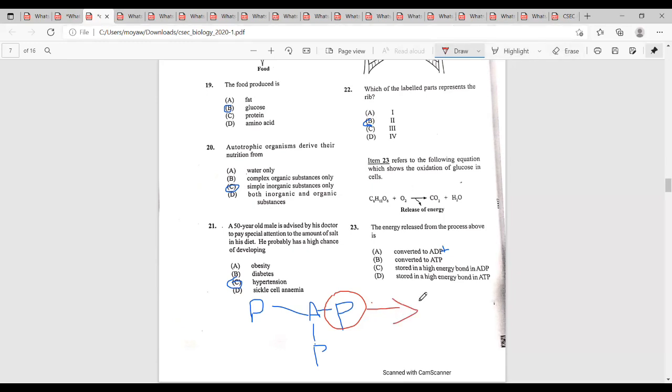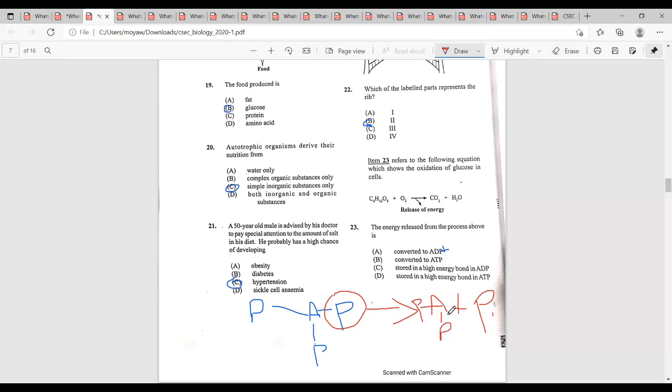So now we're going to have the same adenine molecule, but this time it is going to have 2 phosphates. And this is how we get ADP, right? 2 phosphates plus this phosphate that came off, and we call it Pi.